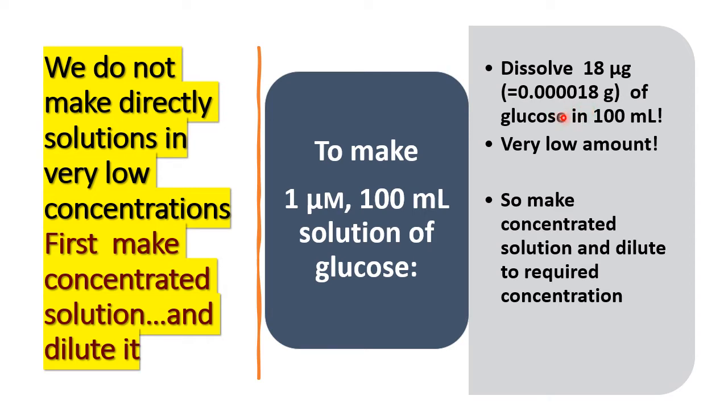It is very difficult, or it won't be possible, even on a normal analytical weighing balance. So what we do here is make concentrated solutions and then dilute to our required concentration. Let us see how to do it.